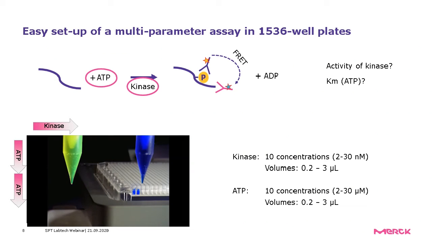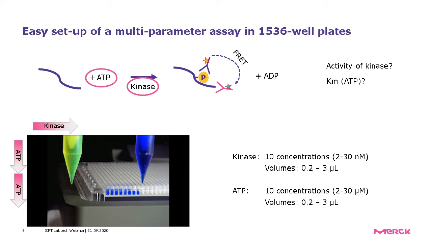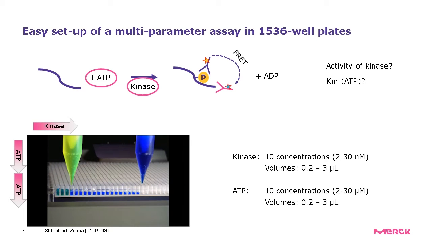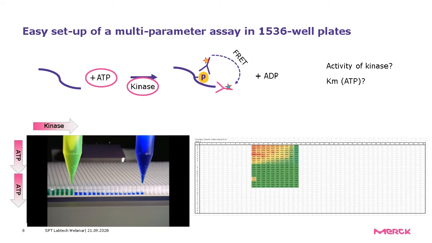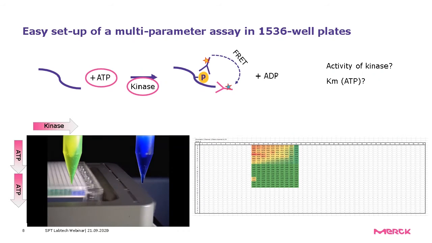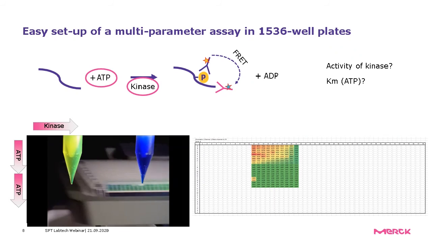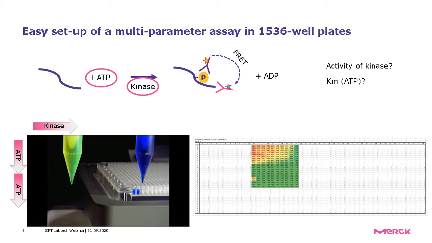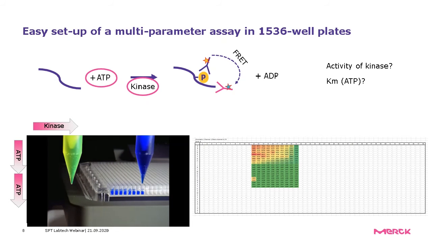So you can see here how the Dragonfly actually works and how you titrate two different reagents at the same time. This is how the raw data look. On the bottom, you see in green our full inhibitor control, and in the upper part you see the DMSO control, so the neutral control.